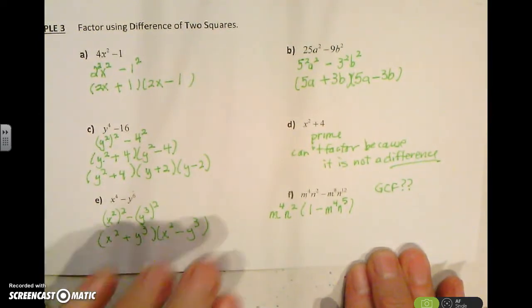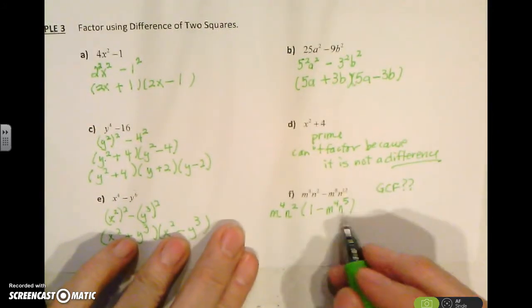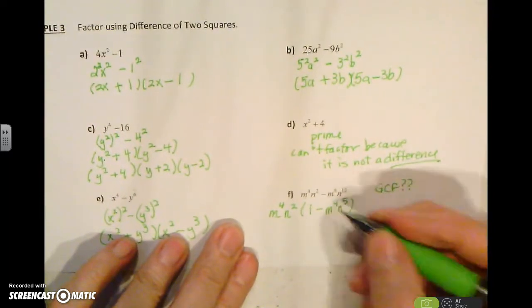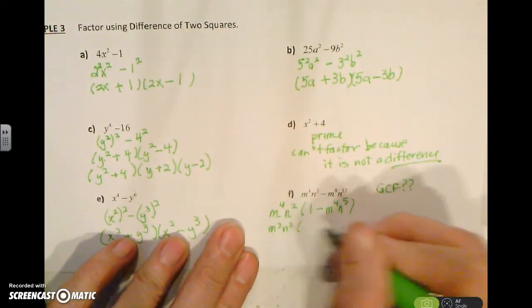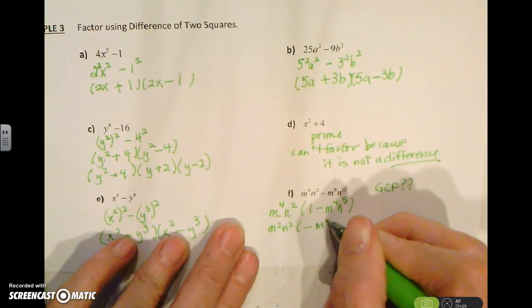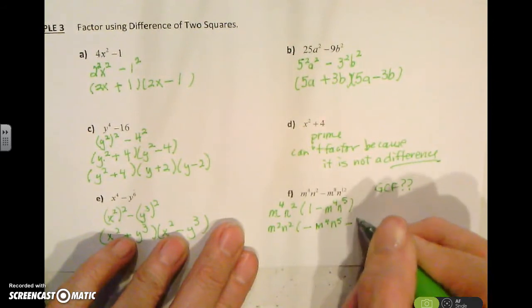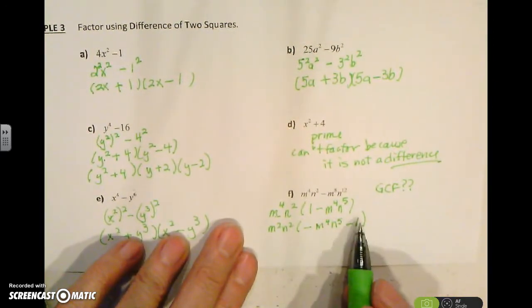That is not technically in standard form, but let's rearrange it then. So we're going to have M squared, N squared times M to the 4th, N to the 5th minus 1. So kind of switch the two so it's in a standard form.